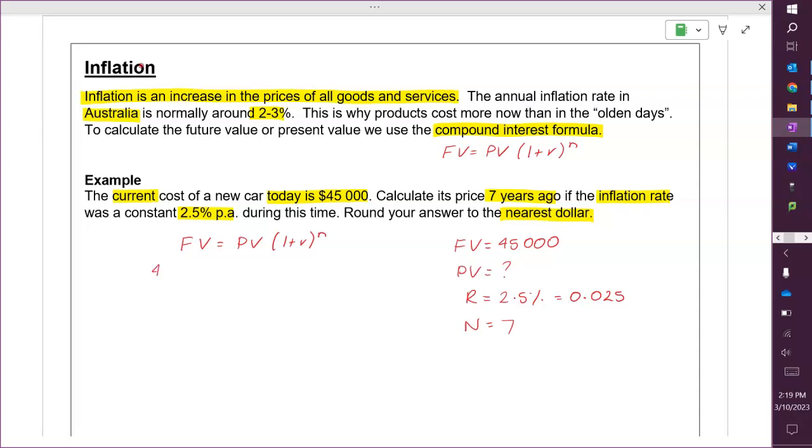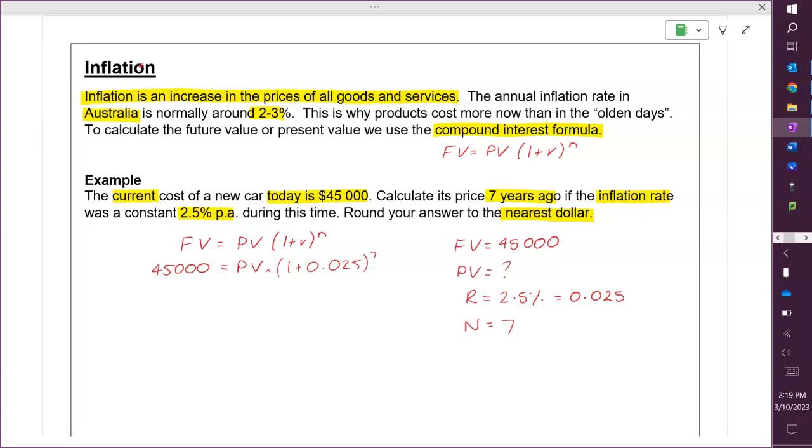So if we put in our information, 45,000 equals PV. Now, between our value here and our bracket, there's a little invisible multiplication. So then 1 plus 0.025 to the power of 7.